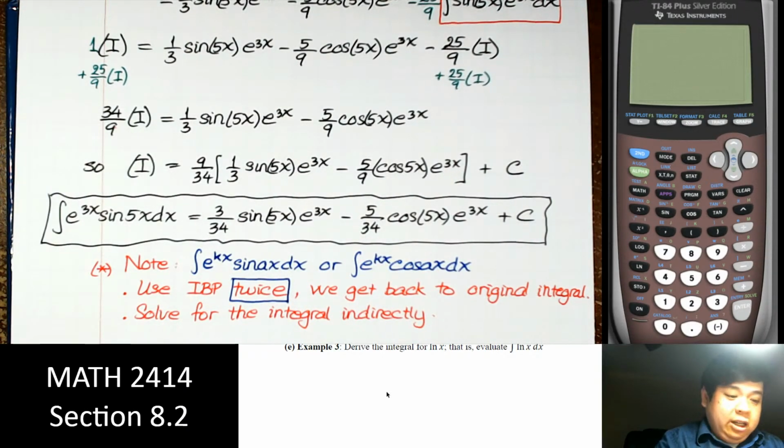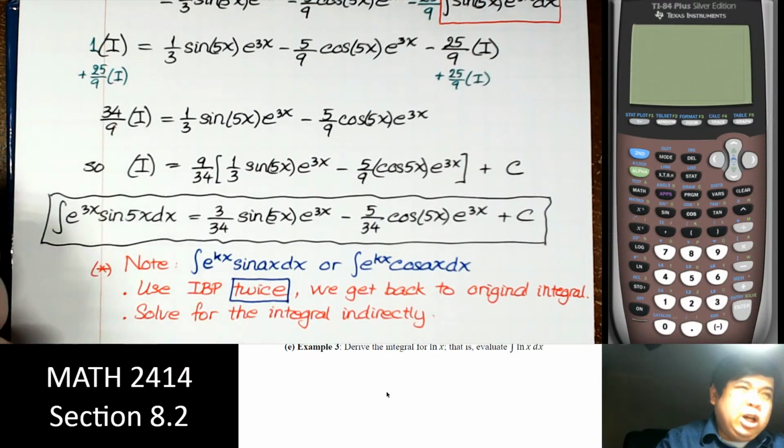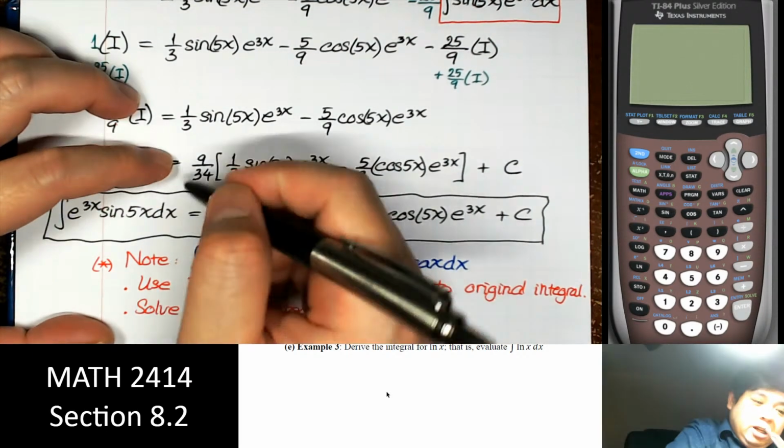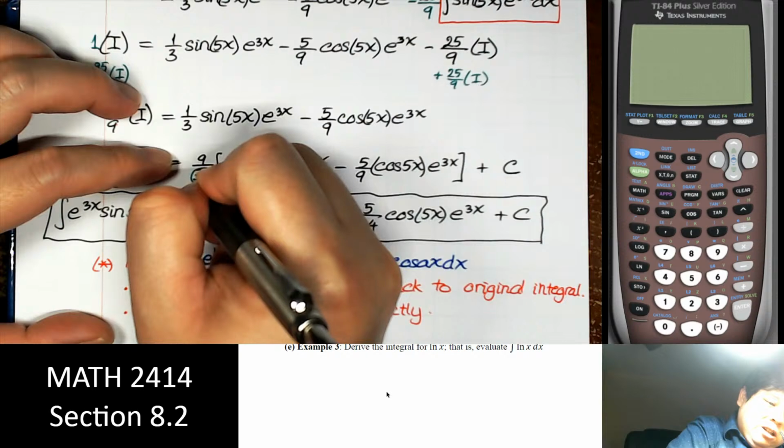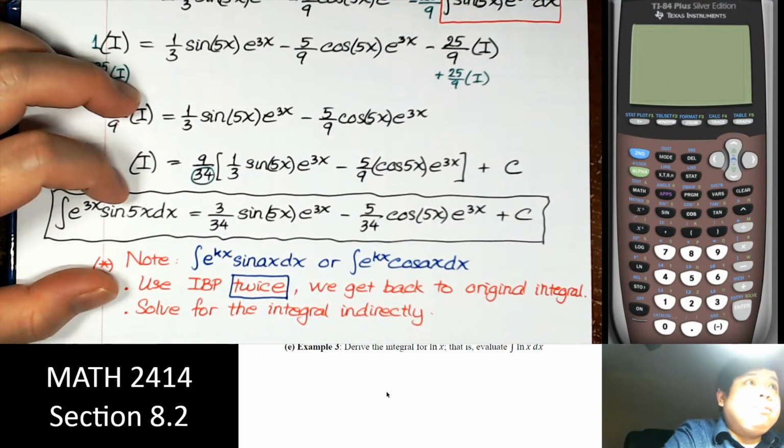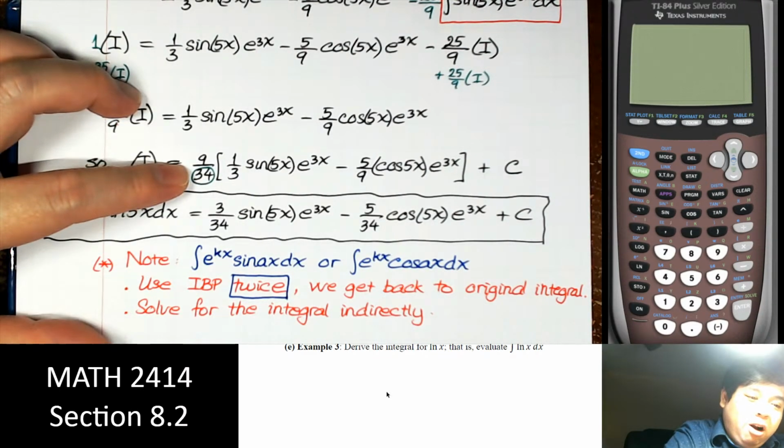By the way, here's a trick to that. You should have something when we divide by 34, right? Where does that 34 come from?